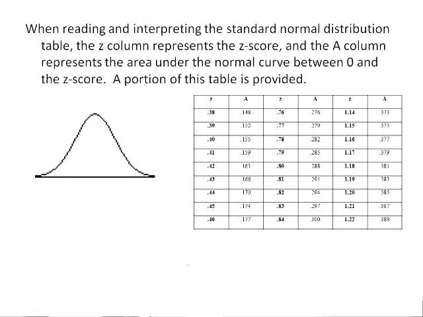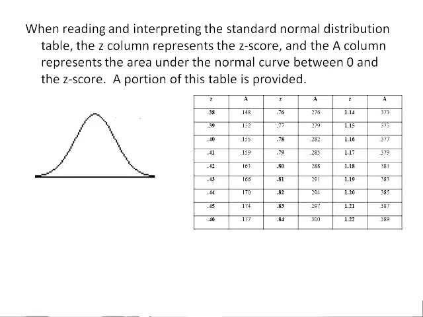We've covered a lot of characteristics and definitions about the standard normal distribution, so let's look at the table of areas and relate it to the standard normal curve. When you read and interpret the standard normal distribution table, a portion of which is on the screen, the Z column represents the Z-score.